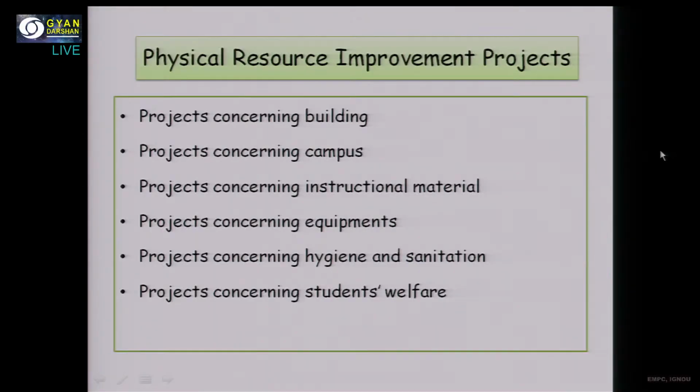So here different types of projects are displayed, such as projects concerning building, projects concerning campus, projects concerning instructional material, projects concerning equipments, projects concerning hygiene and sanitation, projects concerning students' welfare. Projects concerning building, we know, are long-term projects.